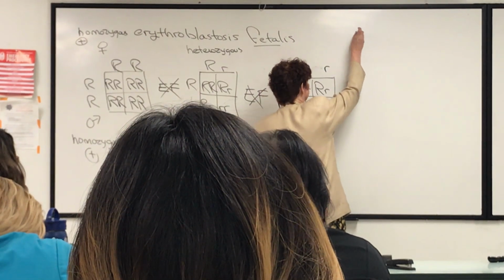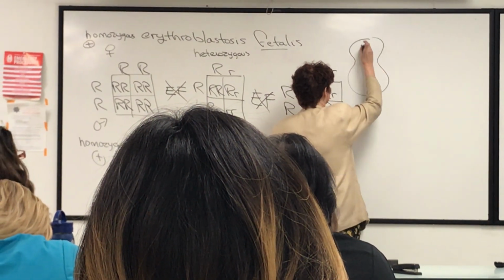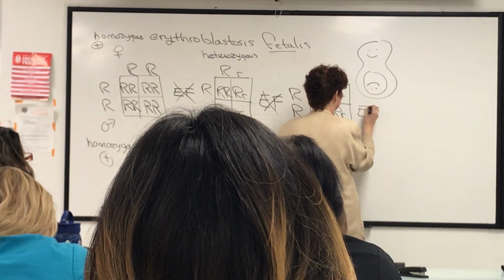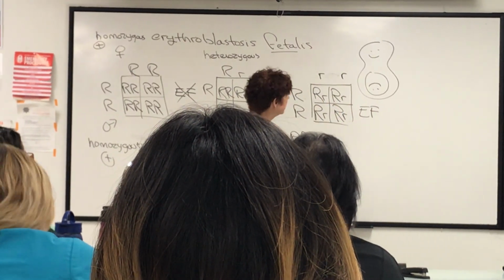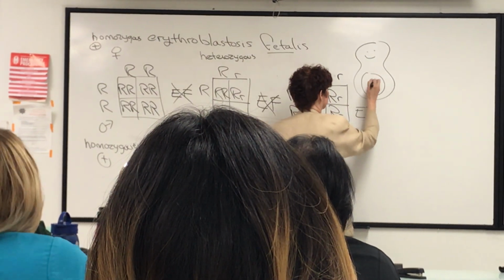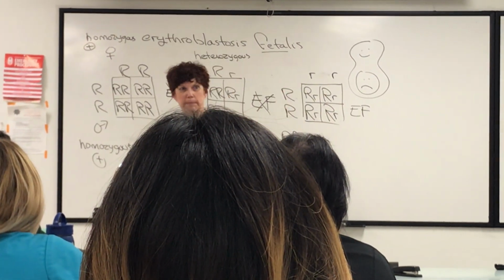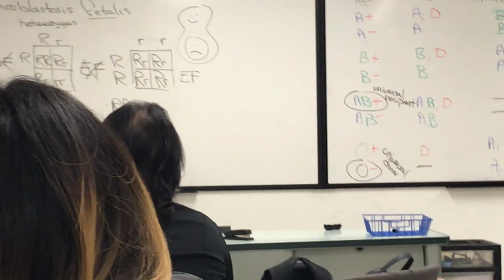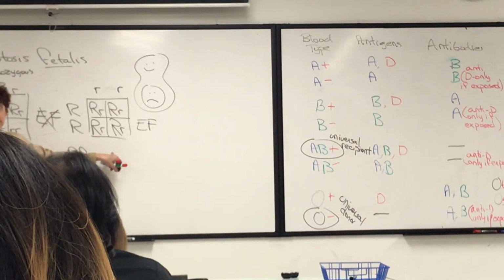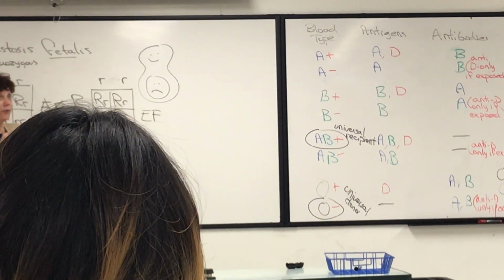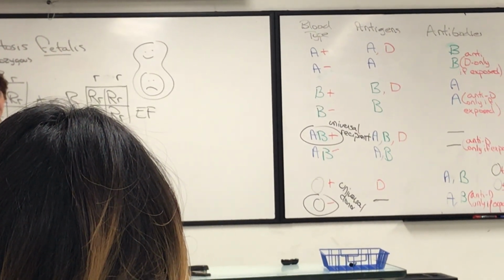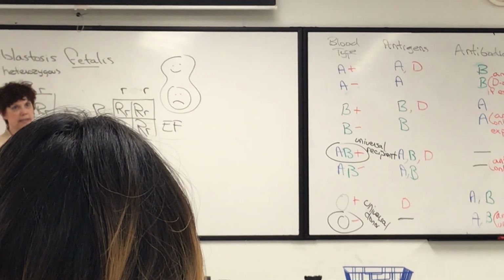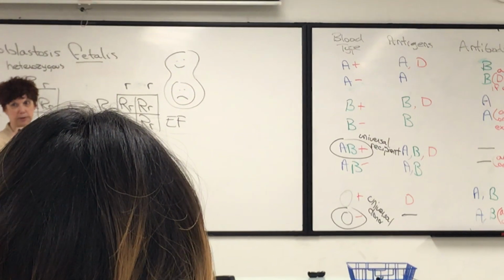so in this case, here's the mom. I put the head upside down because babies are born head first, but anyway. The first baby will be okay because the exposure occurs at the separation of the placenta and the decidua basalis and the tearing of the maternal blood vessels.